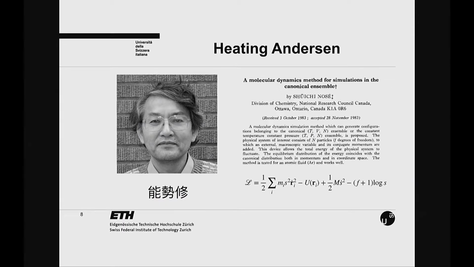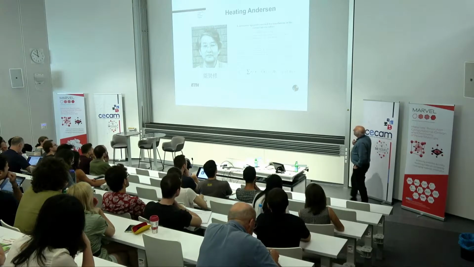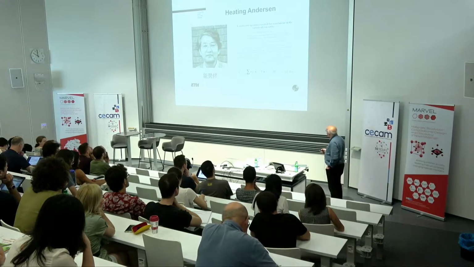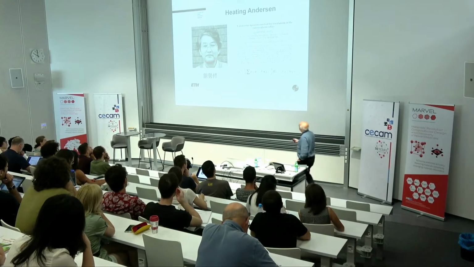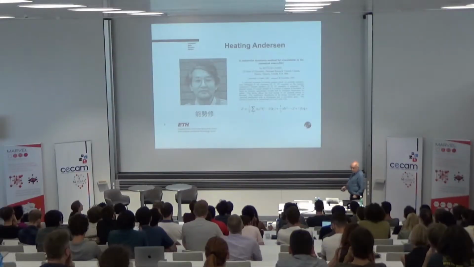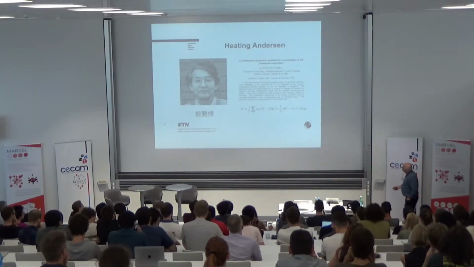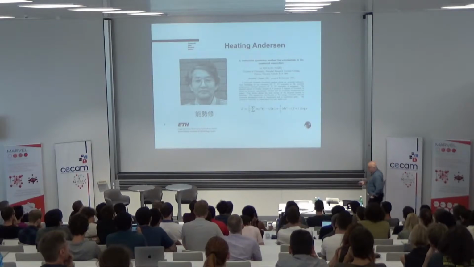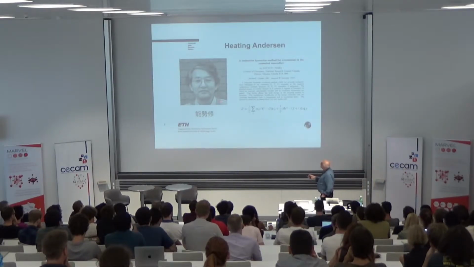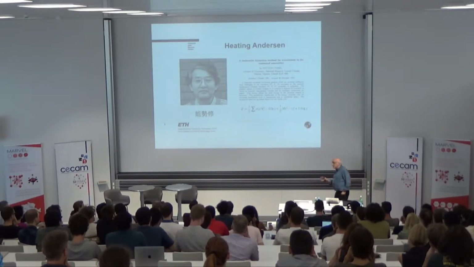In the same years, another very interesting paper came out based again on the approach, the Lagrangian approach of Andersen, and it's due to the intelligence and creativity of Sui Shinose, who unfortunately died young. He was one of the most intelligent and deep persons I ever met in my life.